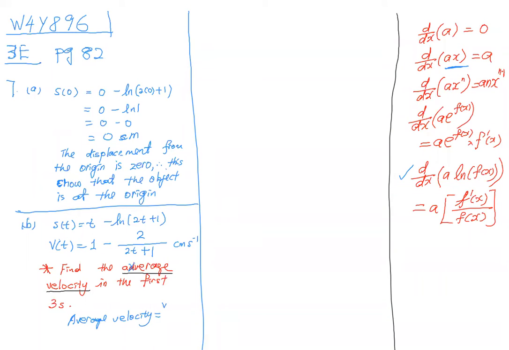You take V3 minus V0, because I talk about the first 3 seconds, divide by 3 minus 0. Okay, so this one you can use GC. You have your GC with you? Hello? Everyone, did you key in this?